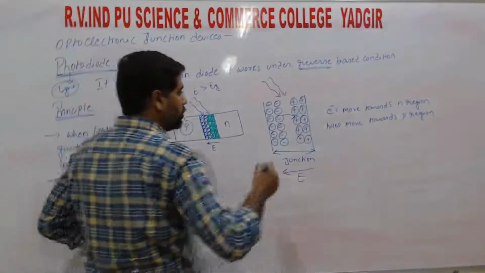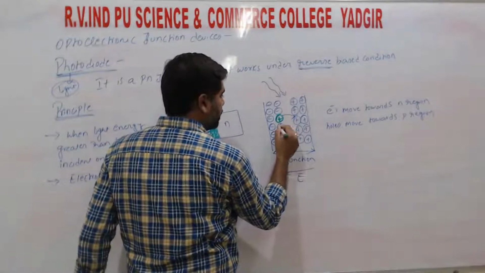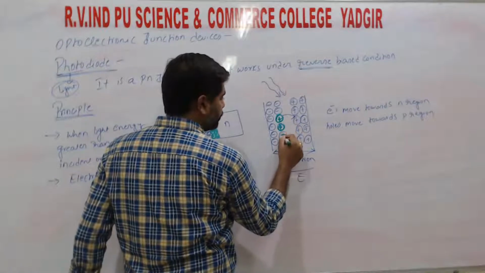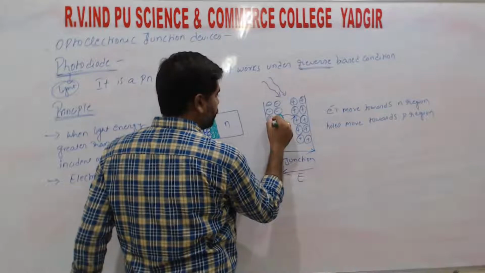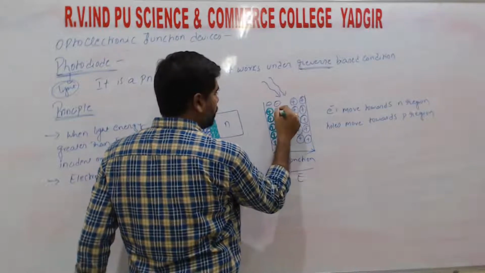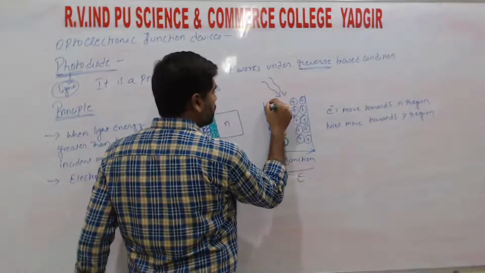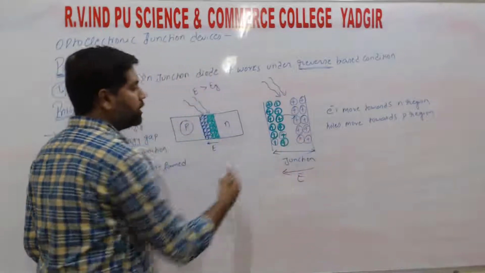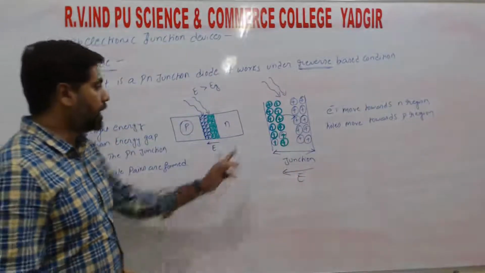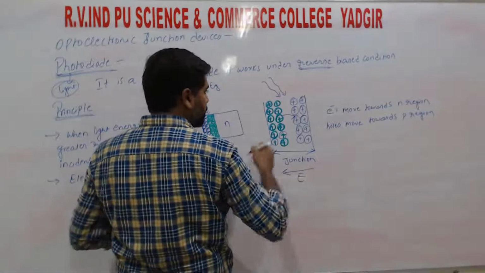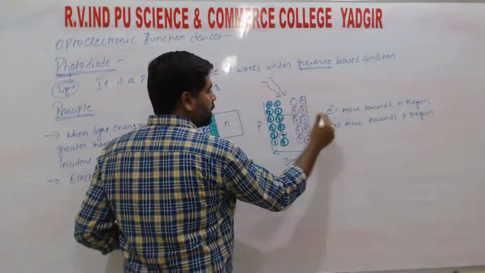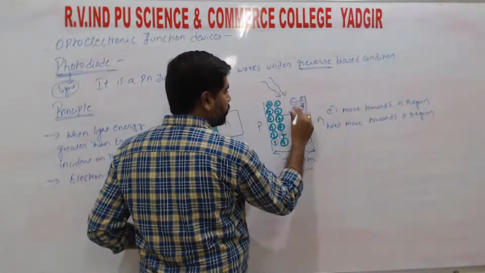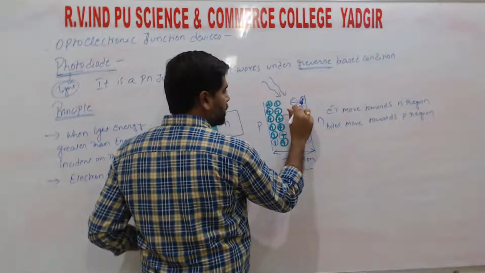So here the p region gets positive charge, and here the n region is negatively charged.